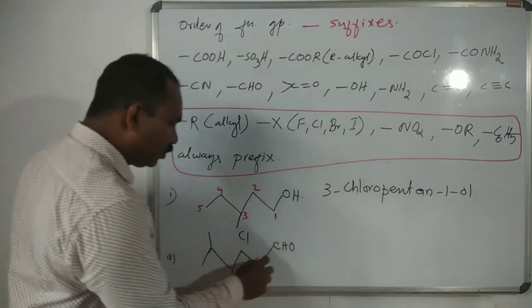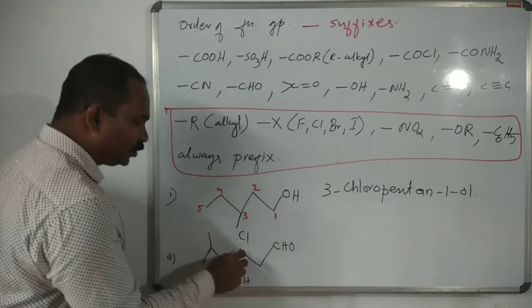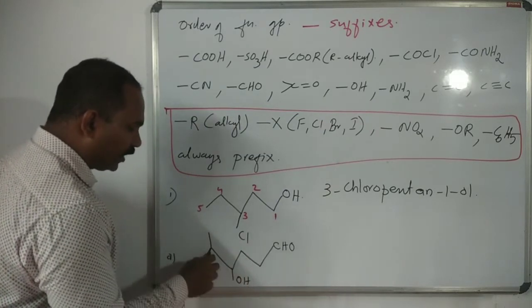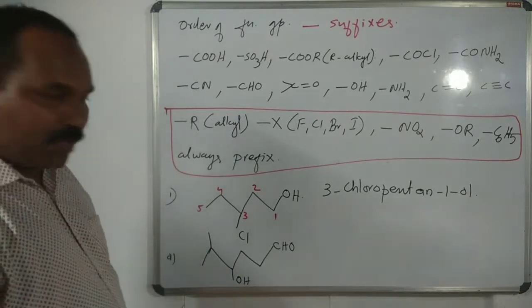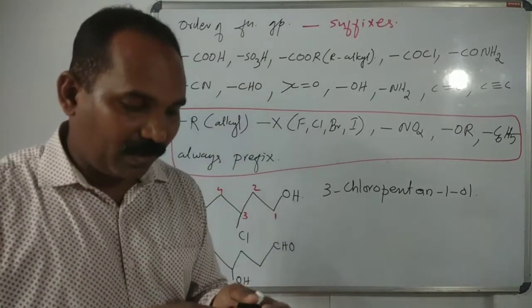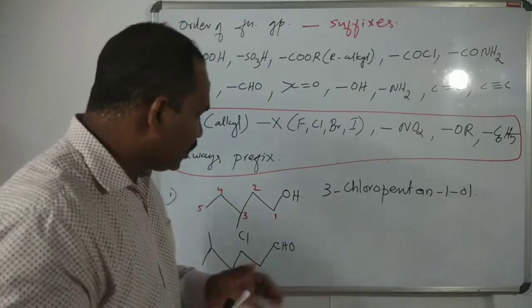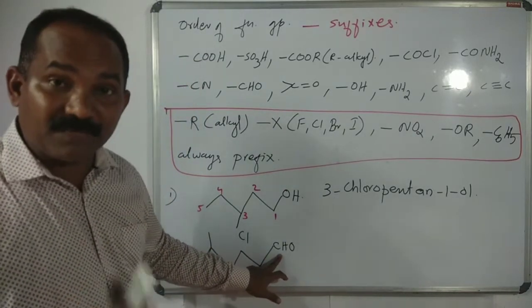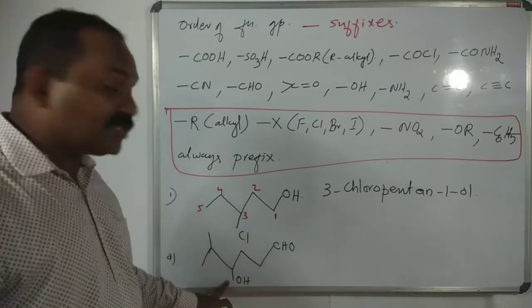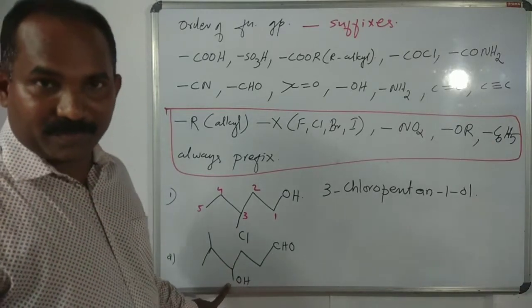Another example. CHO, CH2, CH2, CHOH, CH3, CH3. Here two functional groups are there. What are the two functional groups? CHO is a functional group. OH is also a functional group.